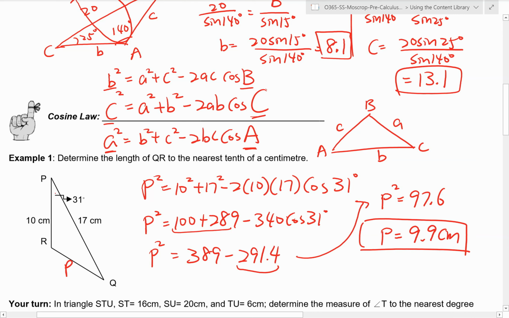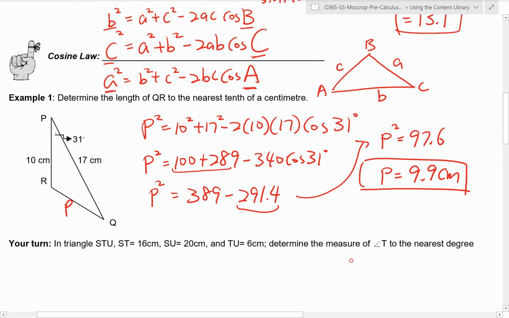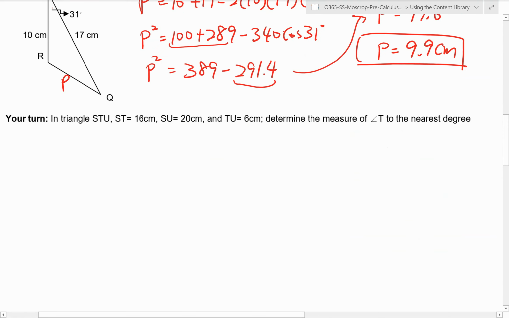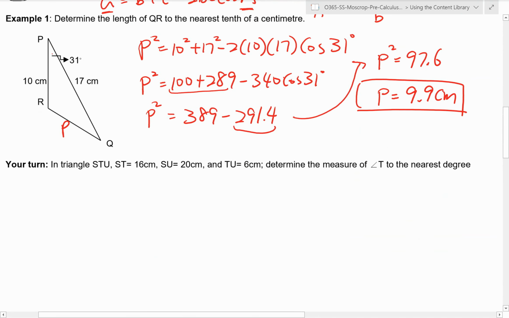Again, you're also looking for a pair, but instead of a pair that's already both solved, you're looking for a pair that's missing one piece of information. So here is a question for you to try. See how you do.